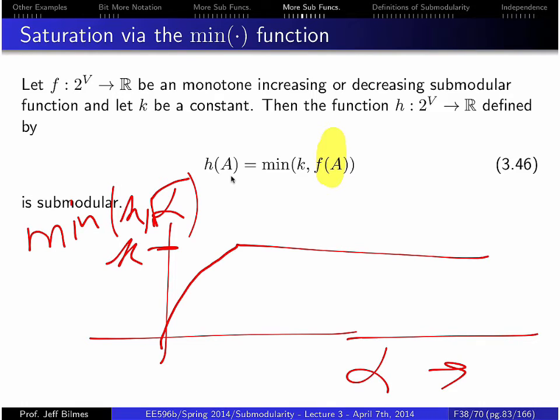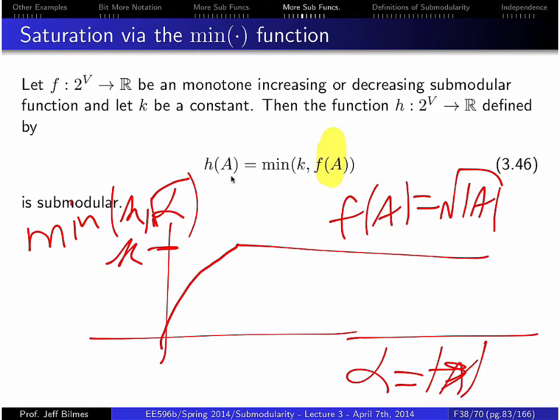So in this diagram, we're talking about maybe a specific case where f(A) is equal to the square root of A, and what we're plotting here is alpha equal to the size of A, and we're plotting the min of k and square root of alpha. So we're plotting it on the alpha axis.